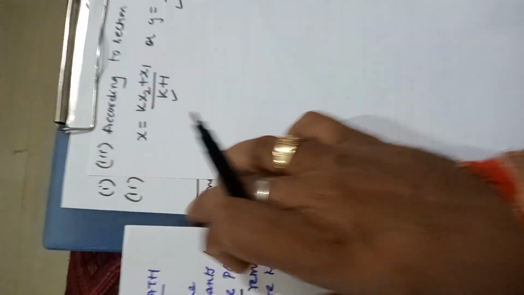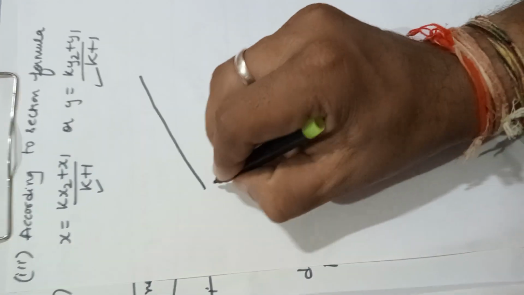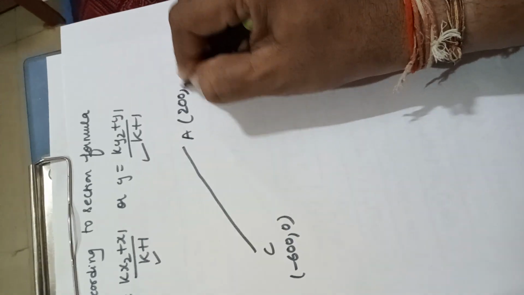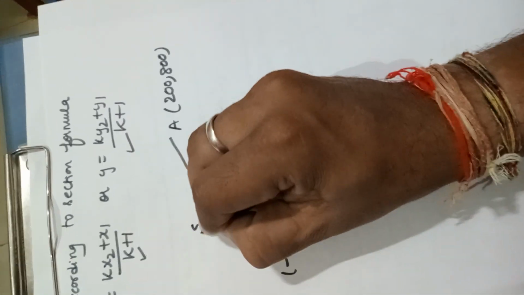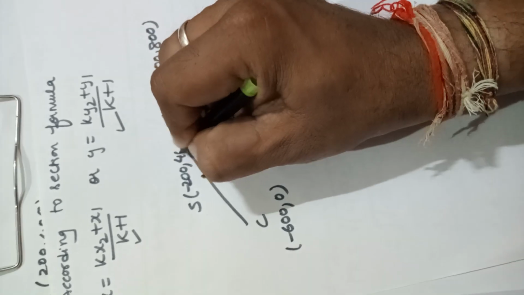Now I'll just redraw this part of the given figure. So here I'll just draw CA. The coordinates of C, just now we determined, are minus 600 comma 0. Coordinates of A, they have given us 200 comma 800, and the point S, which is dividing this CA in the ratio k is to 1, is minus 200 comma 400.